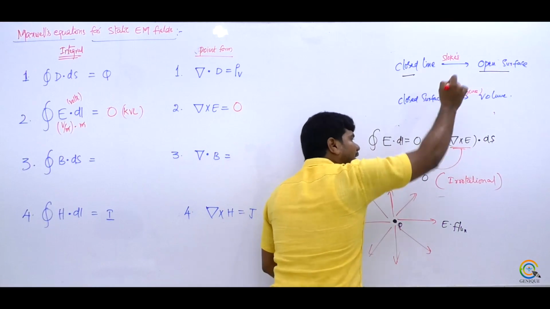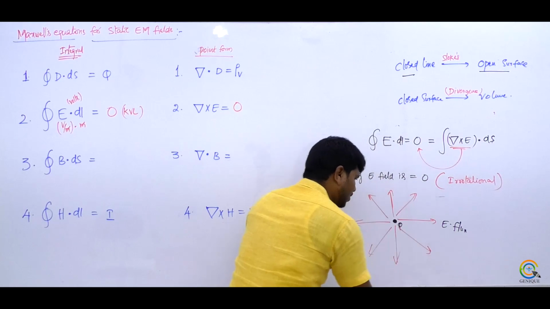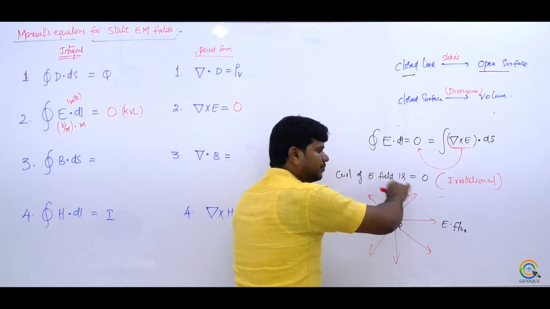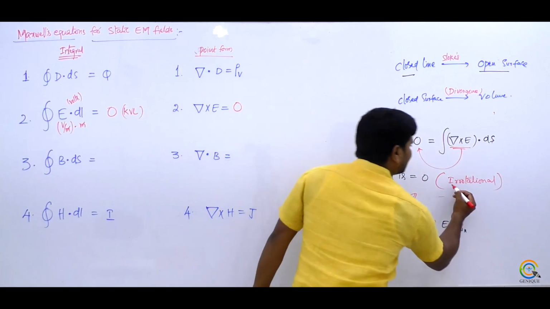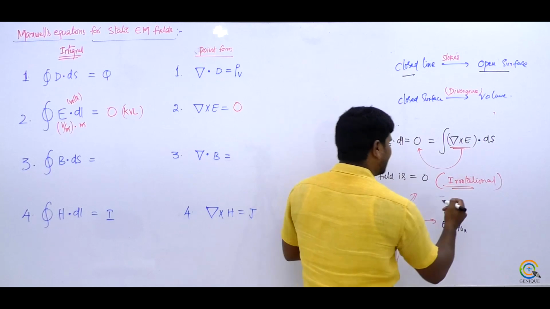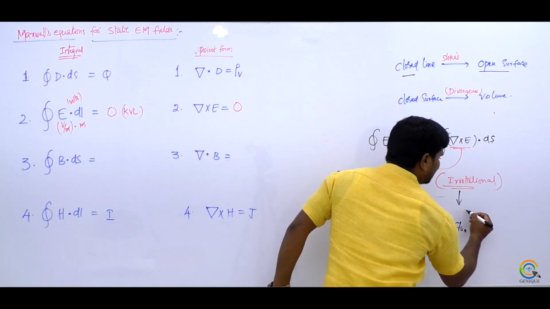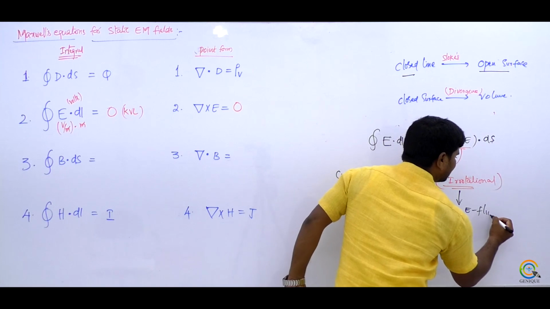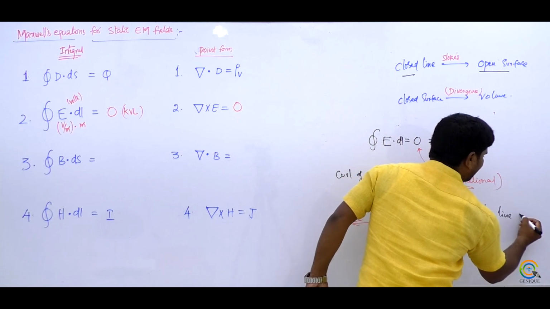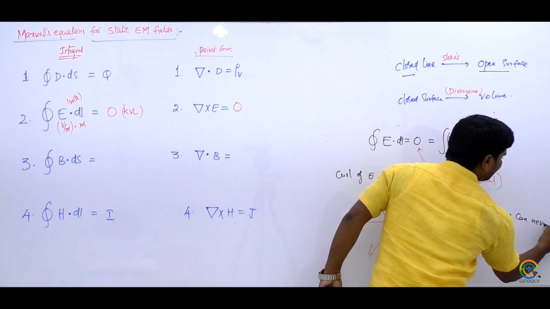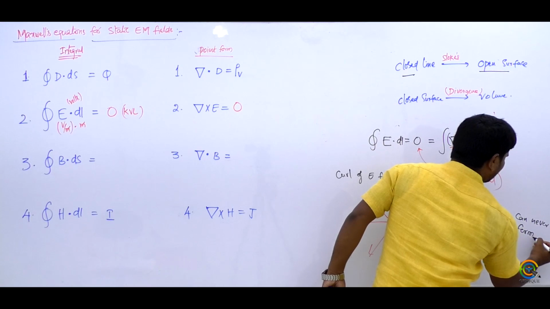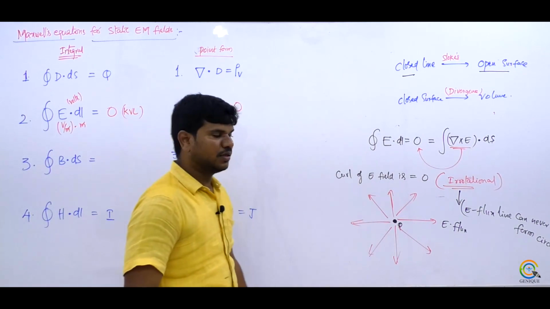The lines go like this, like this, like this. They cannot form a circle. So this is what irrotational means: electric flux lines are straight lines, so E flux lines can never form circles.